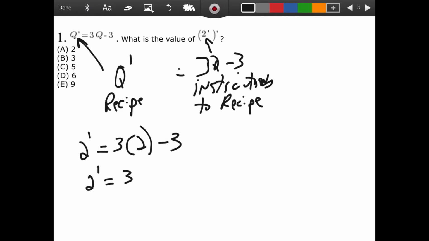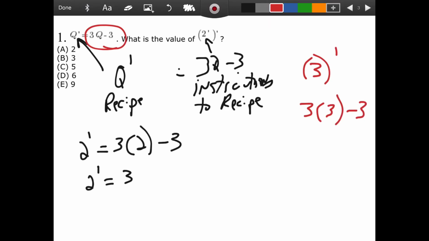So if we plug that in for 2 prime, I'll do it over here, different color. We have 3 inside the parentheses and prime. So if we use this function again, we now have 3 times 3 minus 3. 3 times 3 is 9 minus 3, and we should get an answer with a value of 6.